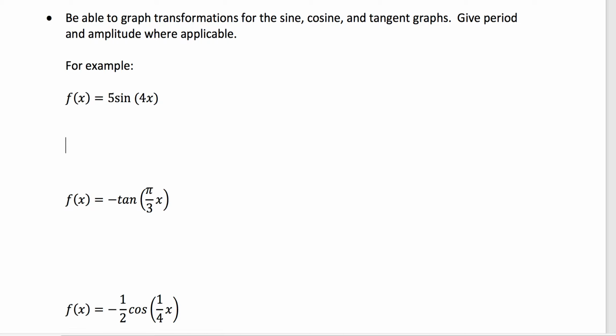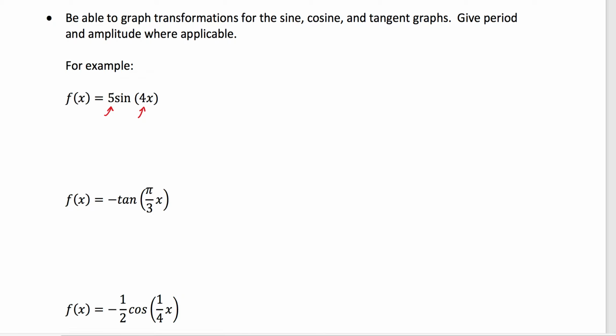All right, so what you need to remember is that this is going to be talking about whether you're looking at maybe a change in the period or a change in the amplitude or maybe a flip vertically over the x-axis. On this first one, a number inside the parenthesis, like that 4, is going to change the period on the graph, and a number in front of the function is going to have an impact on the amplitude.